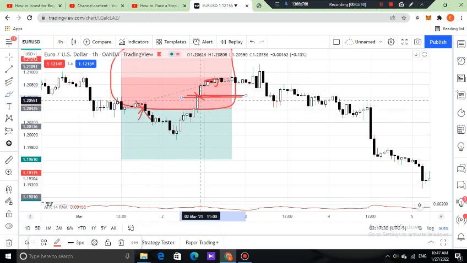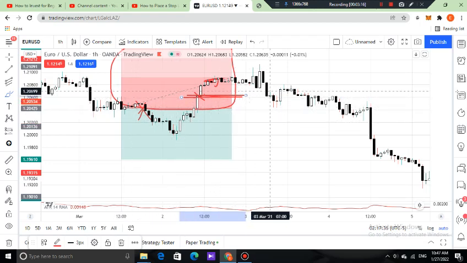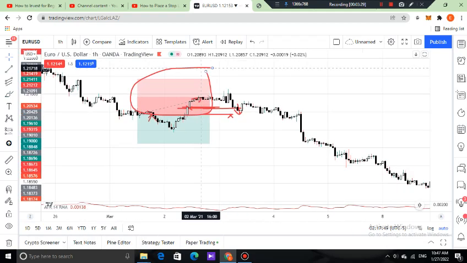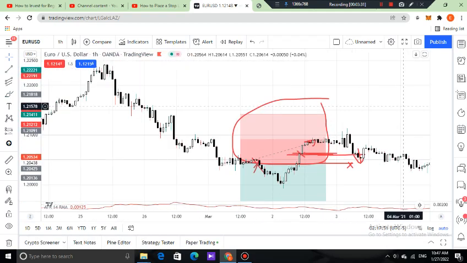When price comes back and hits your initial entry point, you're not actually break even, you're in profit and you can take profit. And some traders exit at this point.